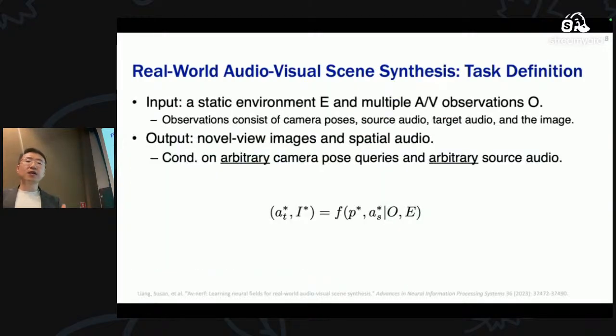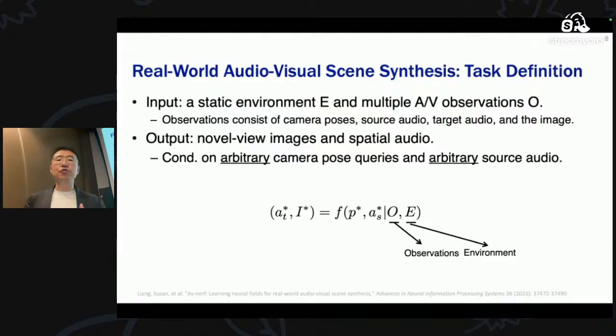Now, concretely, this comes to this definition. We are given a static environment E and multiple audiovisual observations O. Those observations consist of camera poses, source audio, target audio, and the image.